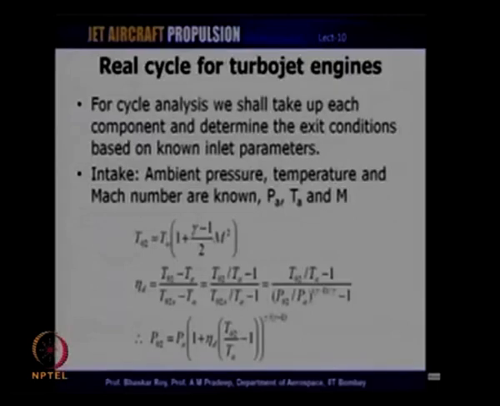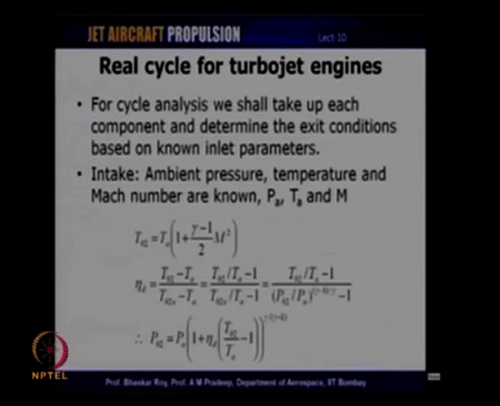Now, to calculate the stagnation pressure, we would need to know the diffuser efficiency. If the diffuser efficiency is known, we can easily calculate the diffuser exit stagnation pressure. So, how do we do that? The diffuser efficiency we have already defined in the last lecture. It is based on the stagnation temperature differences for the actual process and the ideal process.